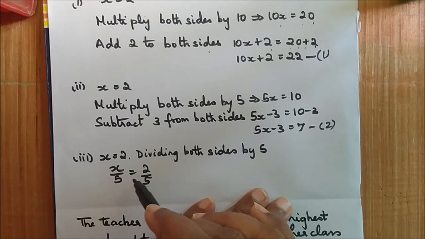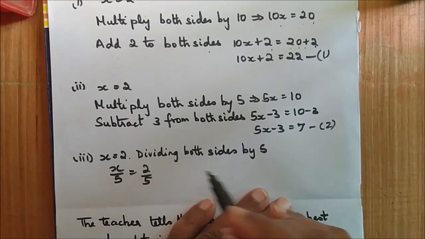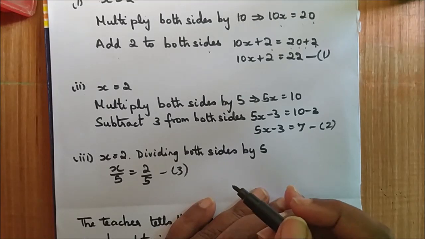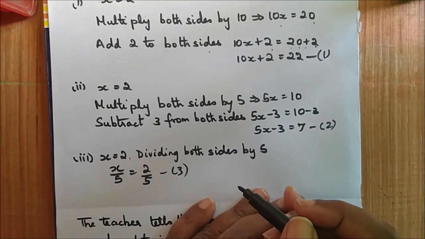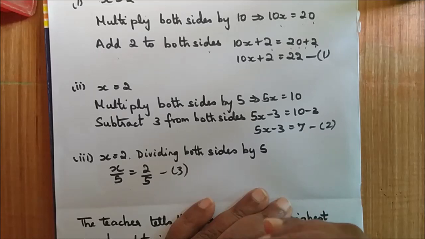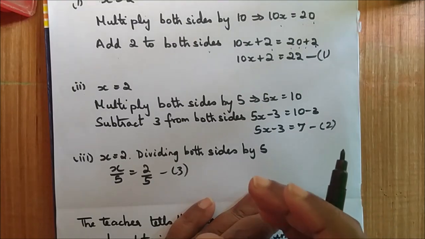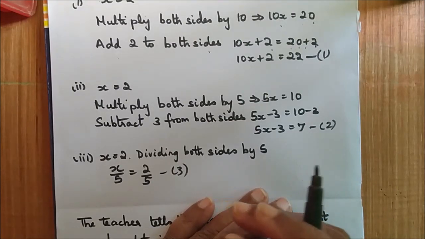So x by 5 is equal to 2 by 5. This is the third equation. So we have constructed 3 equations starting with x equals 2. We can multiply by any number on both the sides, and we can add, subtract, divide. So we can form our own equations given x equals 2.